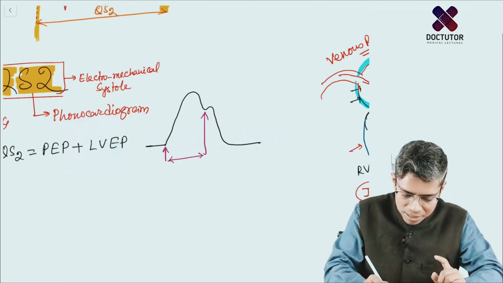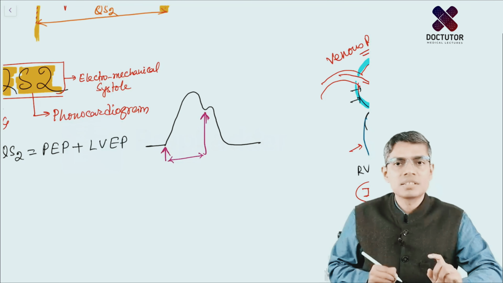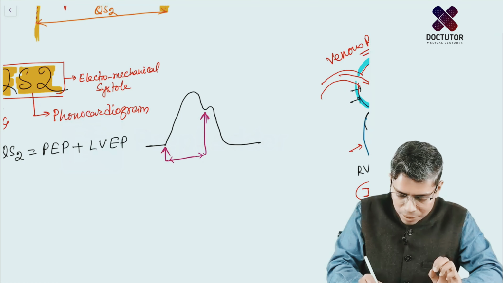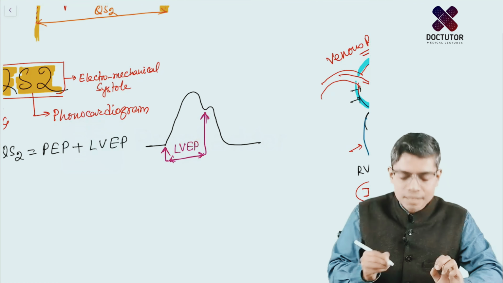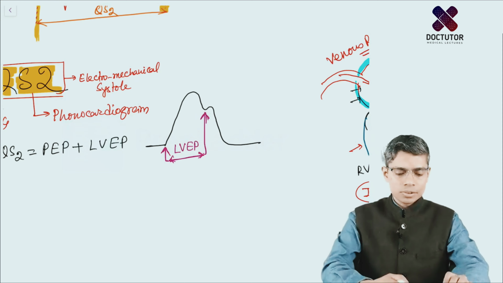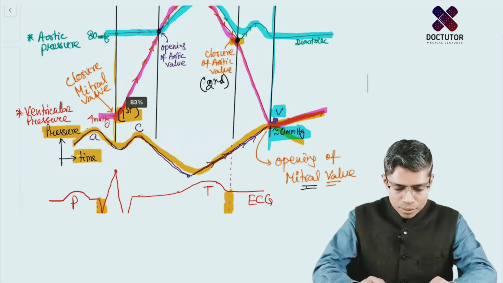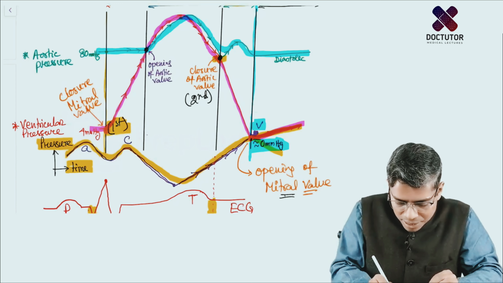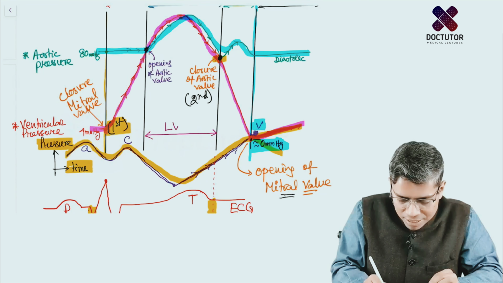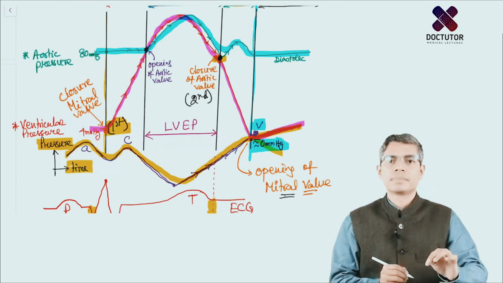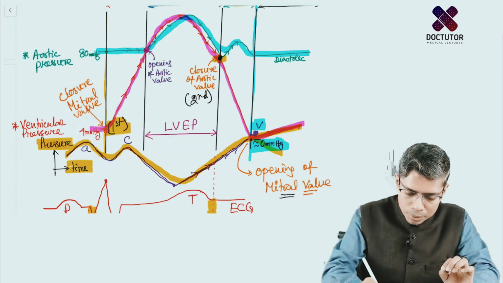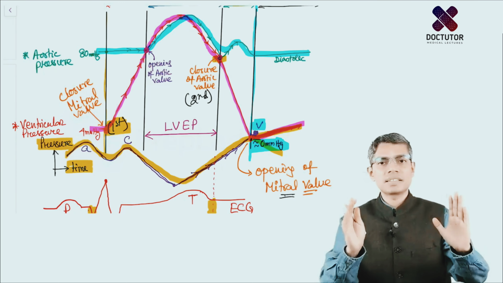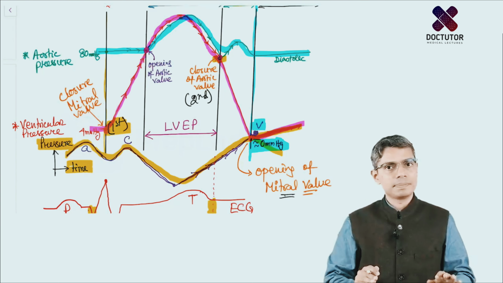The time duration between these two is known as left ventricular ejection period, right? So in this Wiggers' diagram, if I ask you which one is the left ventricular ejection period, your simple answer will be from this to this, from the opening of this semilunar valve up to the closure of this semilunar valve. That is the actual left ventricular ejection period.